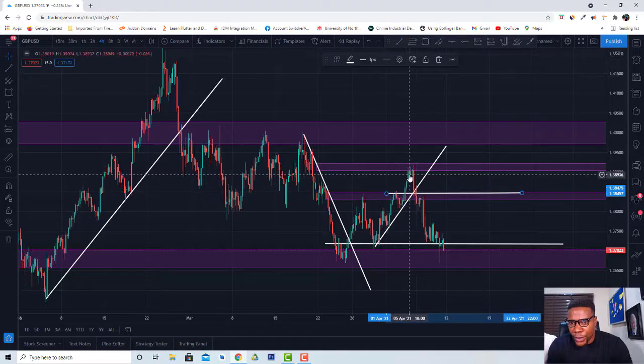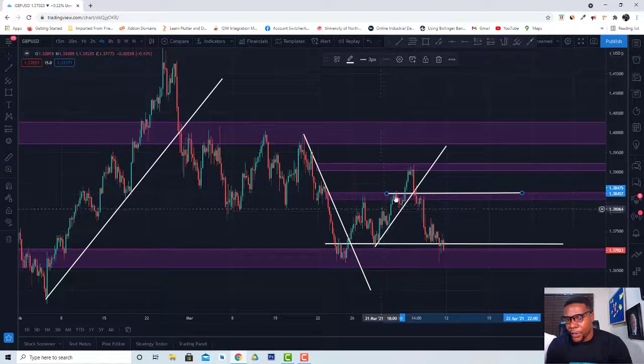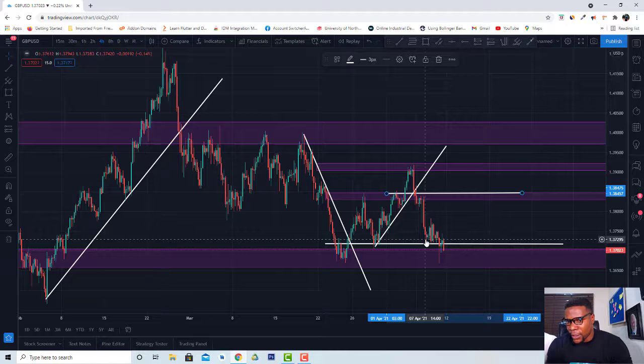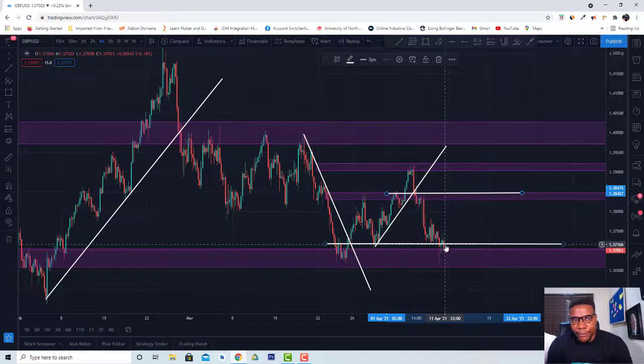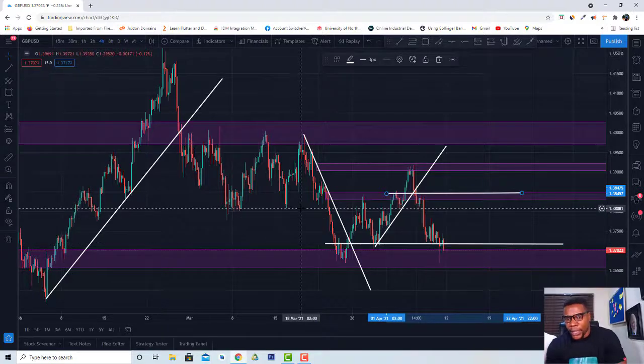Once it broke our uptrend line, it also came back to retest this last higher high for this uptrend, and after that it went on its descent. So this zone where we find the price currently, we see that it's making lower highs and lower lows, showing that the GBPUSD is currently on a downtrend.